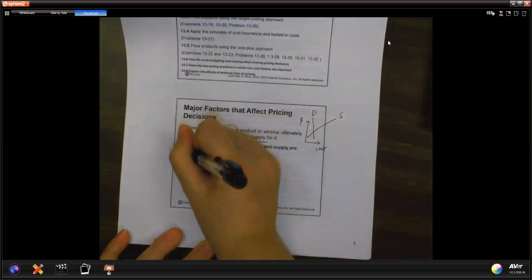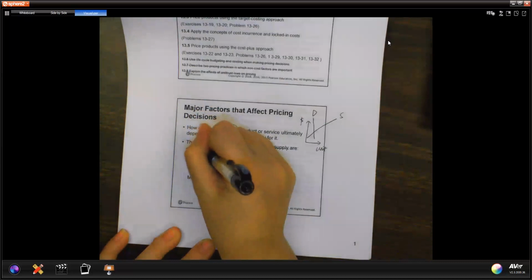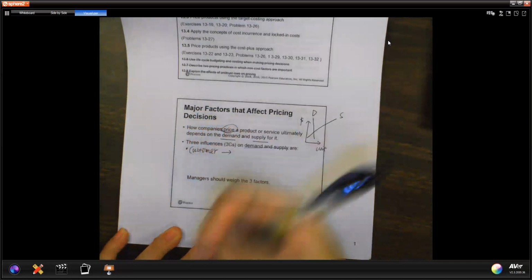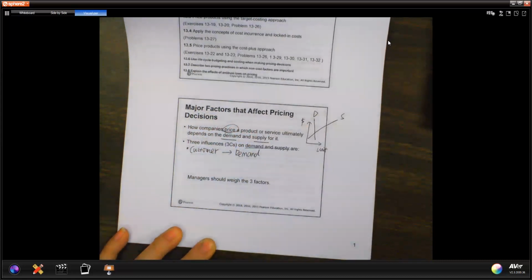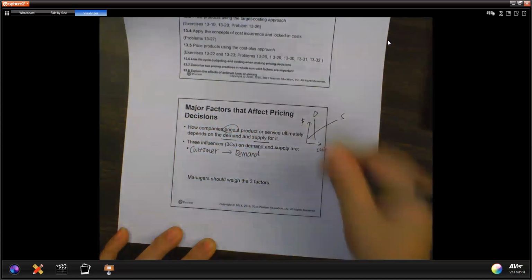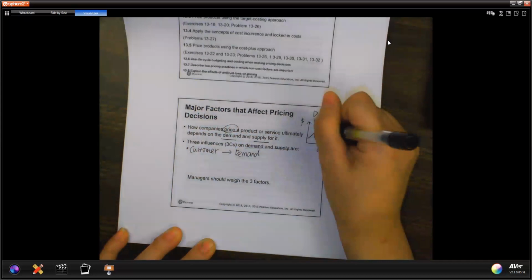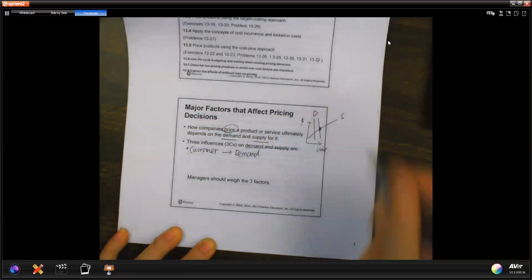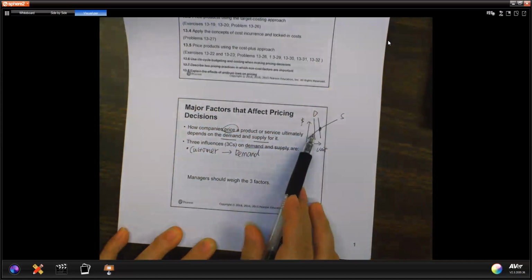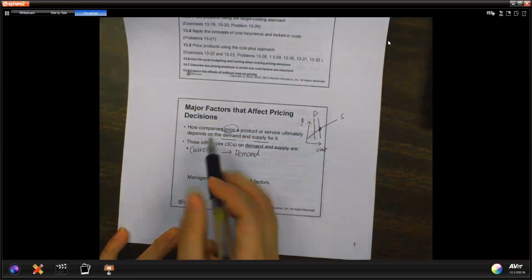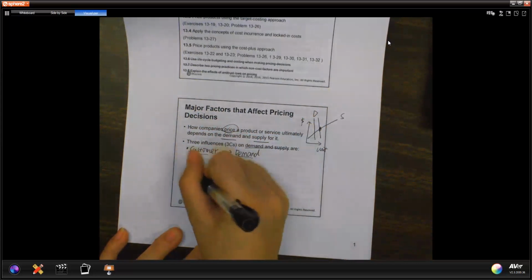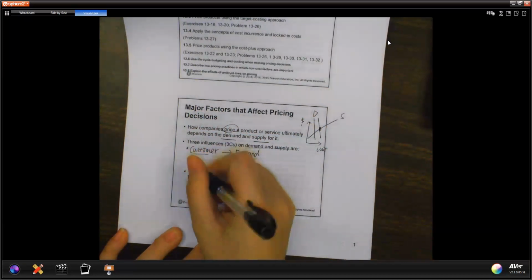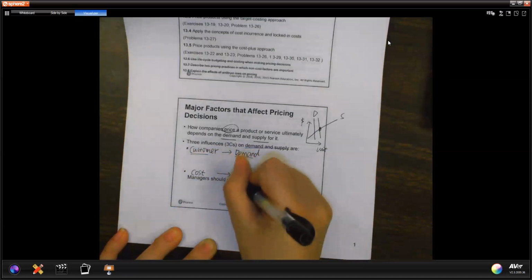The first one is the customer, and the customer will affect the demand curve, because if you have more customers, you will have a higher demand. If your demand increases, then you will have a higher price, moving from your original price to the higher price. Then the other one is cost, which will affect the supply curve, right?